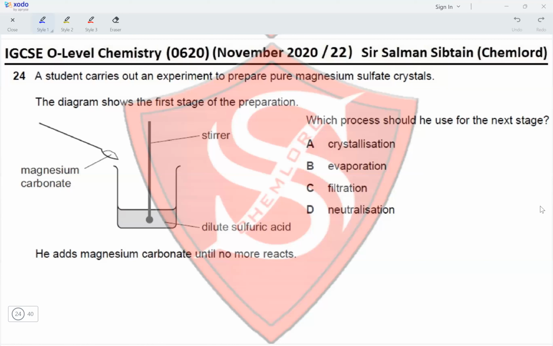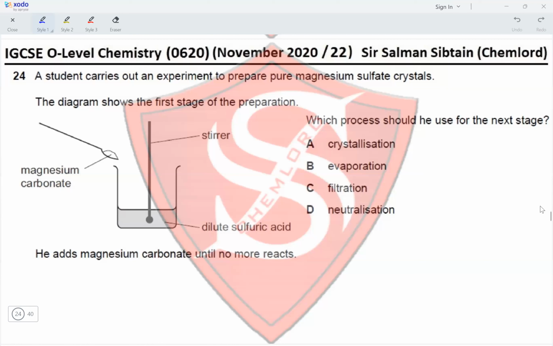Now since magnesium carbonate is in excess, the magnesium sulfate produced would be soluble, so it would be dissolved, but the solid particle in the beaker would be magnesium carbonate, which needs to be filtered out before magnesium sulfate is crystallized. So which process should you use next? Crystallization? No, that will be after filtration.